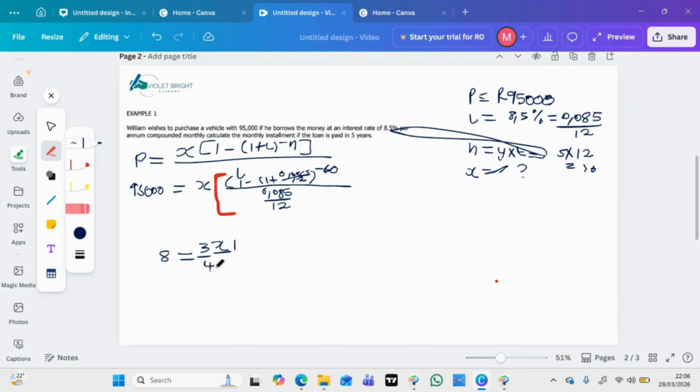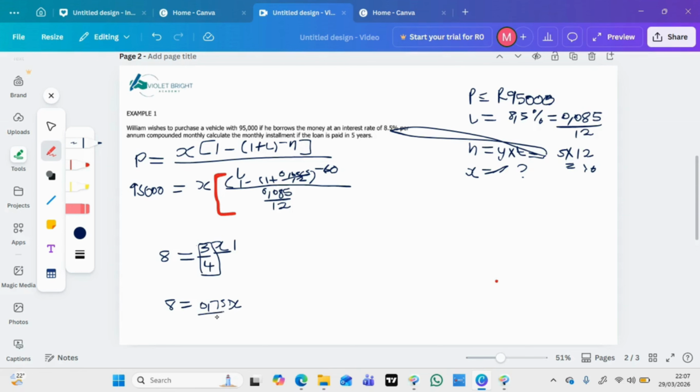What we can do is find the value of this, which is equal to 0.75. I'm just showing you an example here. Why am I saying that we can find the value of all of this and divide it by 95,000? Because it's the numerator part. If we divide the 3 and the 4 here, it gives us 0.75.